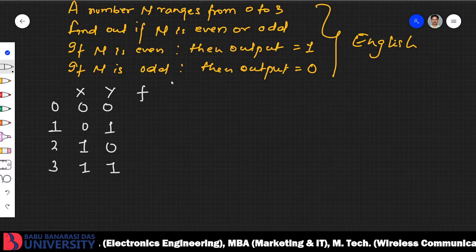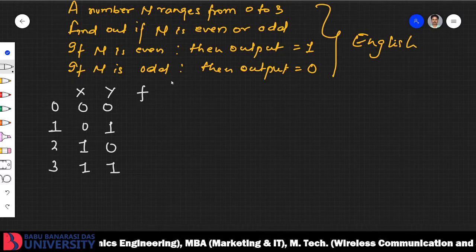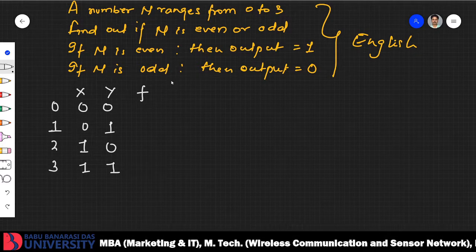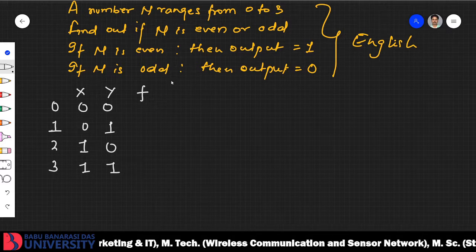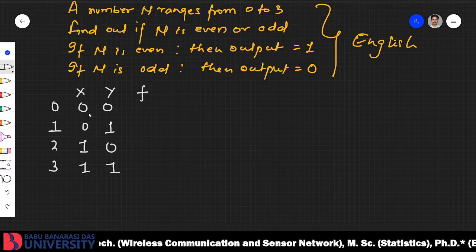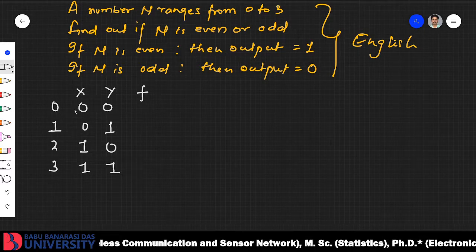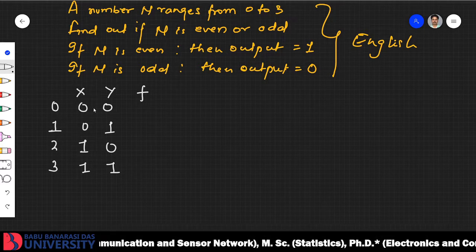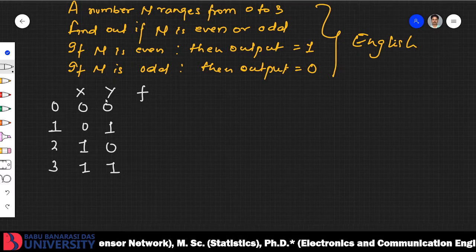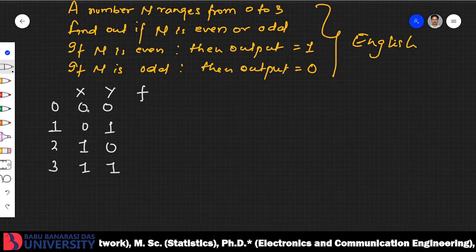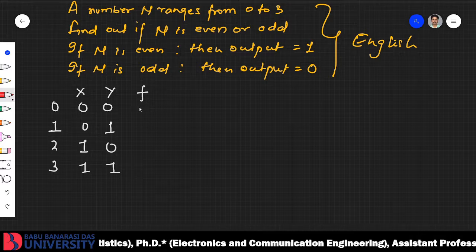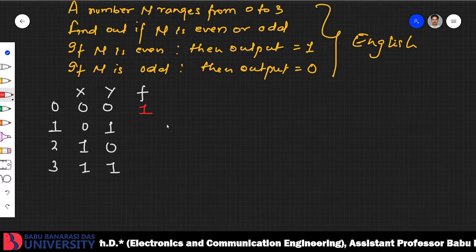As this problem says, depending upon the even and odd condition, the output is 1 or 0. So here, 0 is treated as an even number, represented by the two variables with the combination 00, and we mark the output as 1.